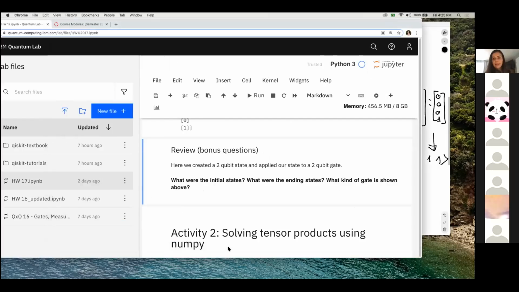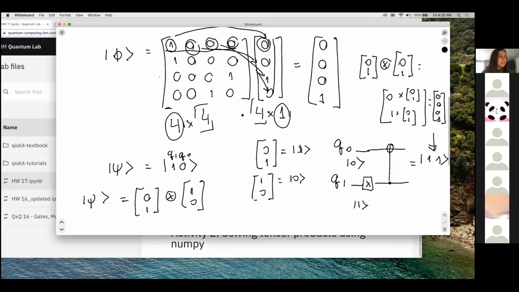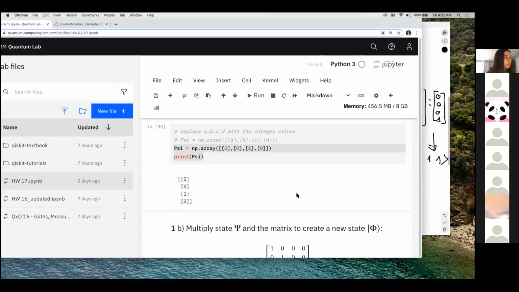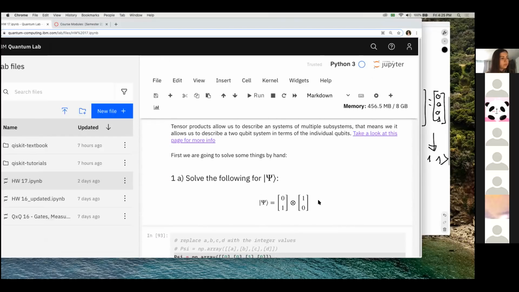Sorry, can I ask you a question? Of course. In the previous slide, how did you know that this initial psi number is 10? I'm going to show you again. I know it's this because the homework told me it is. Here you see the initial state.